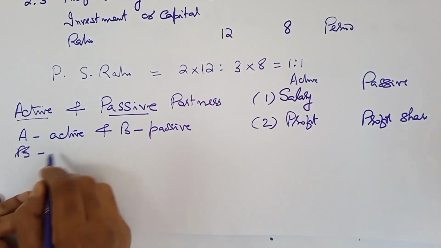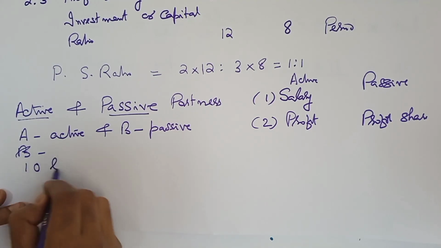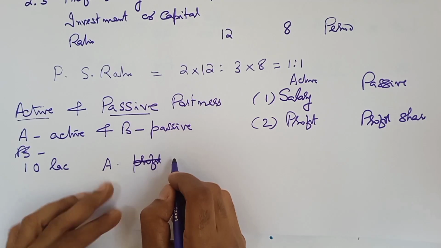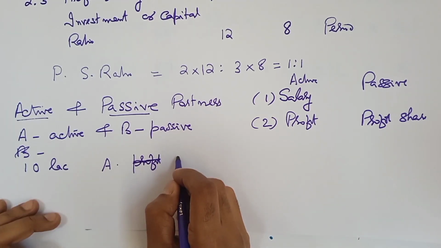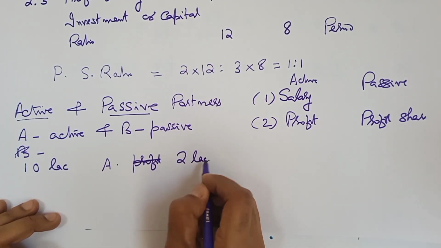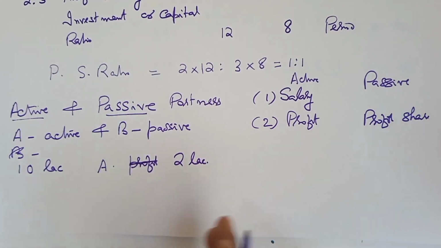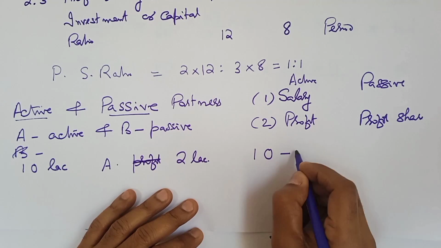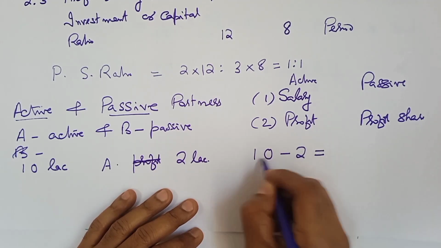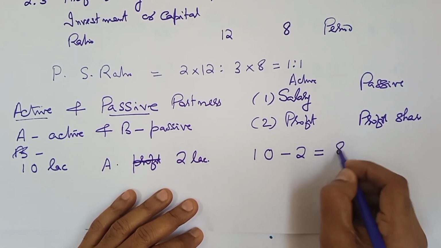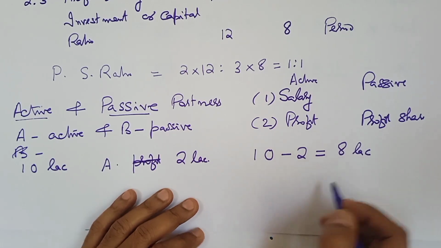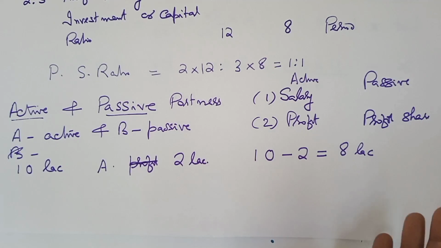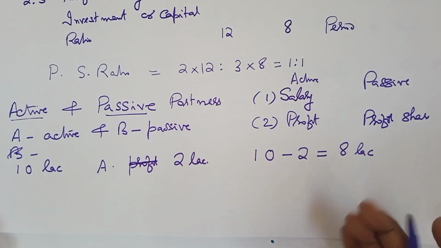On the assumption of, say, 10 lakh being the total profit generated, and supposing A is given a salary of, say, 2 lakh, which will get fixed before starting the business, then what you do is remove that 2 lakh from total profit, which is 10 lakh. The balance amount is 8 lakh, and it is this 8 lakh that's getting divided in whatever profit sharing ratio we have arrived at.